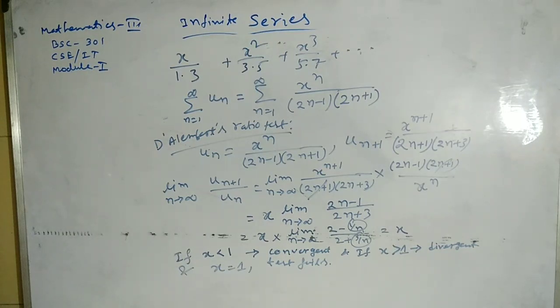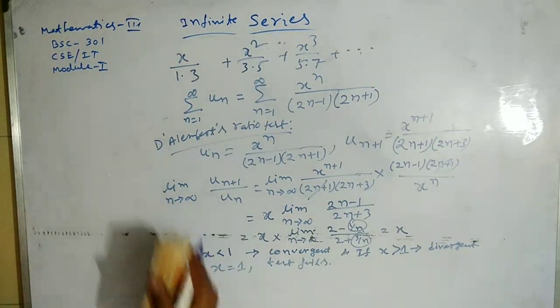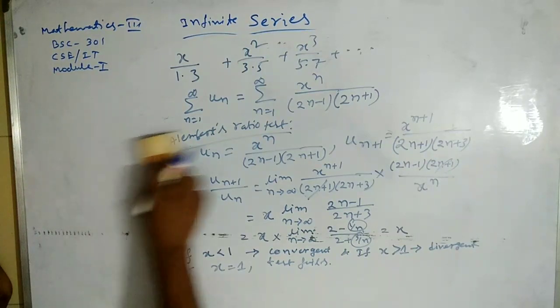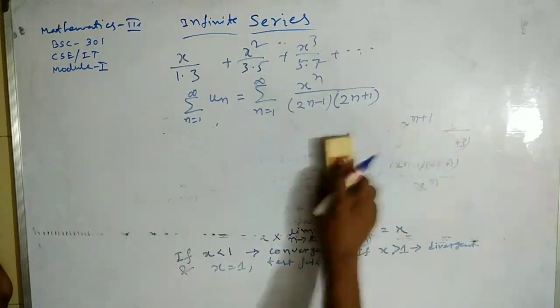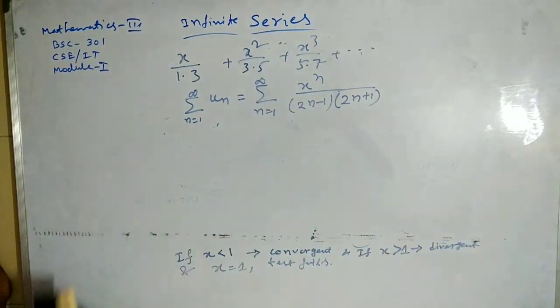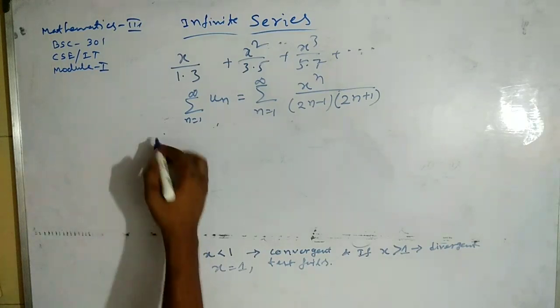So now for x equal to 1, I will apply the comparison test. I will check what will be the result of convergence or divergence of this series if x equal to 1.